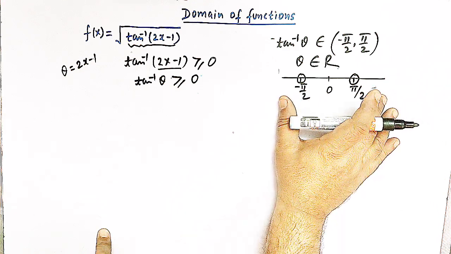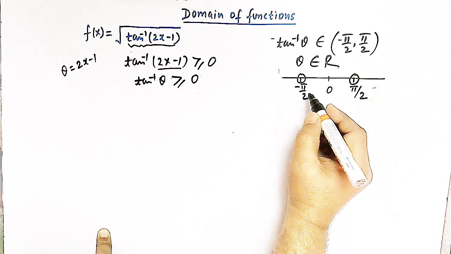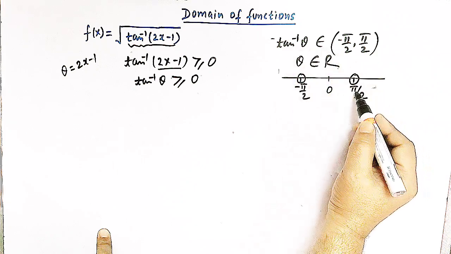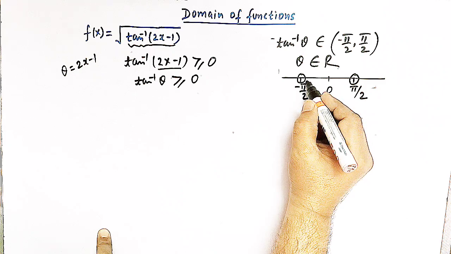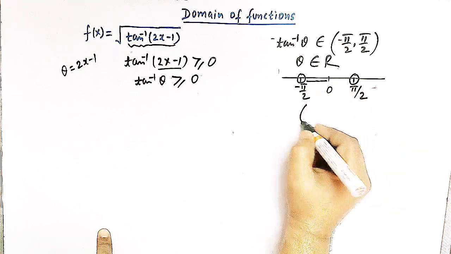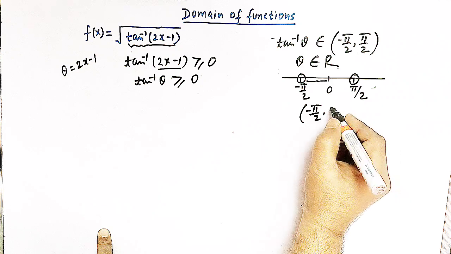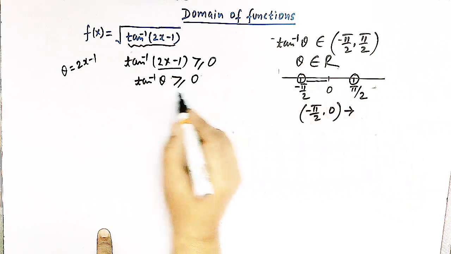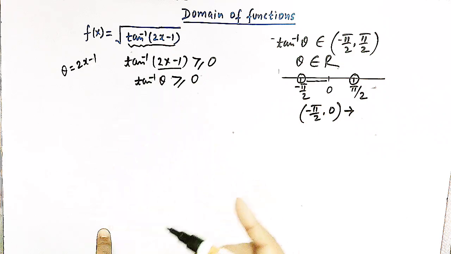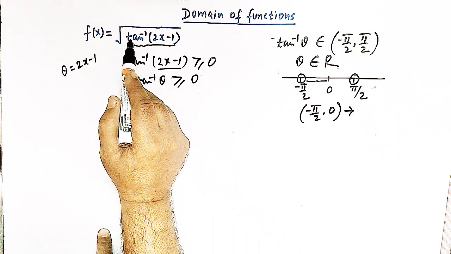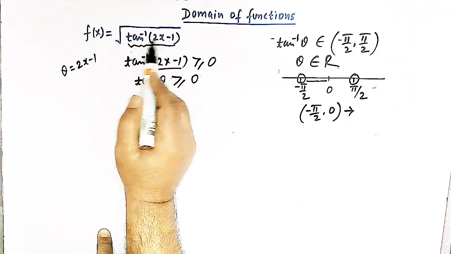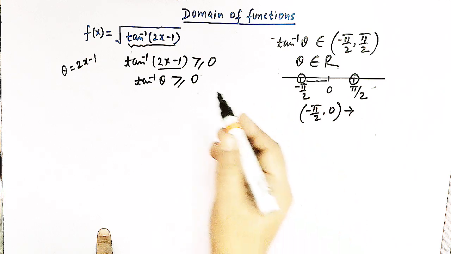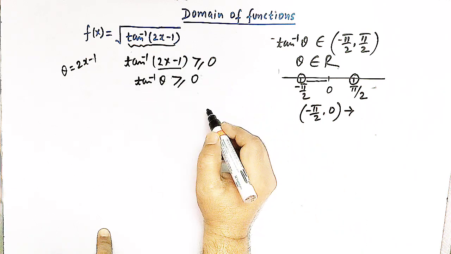Now consider this real number line. Here tan inverse theta has the range from minus pi by 2 to pi by 2, and in the interval from minus pi by 2 to 0 we have all the negative numbers. Tan inverse theta cannot be a negative number, because the square root of a negative number results in a complex number, but here we are dealing with real numbers.